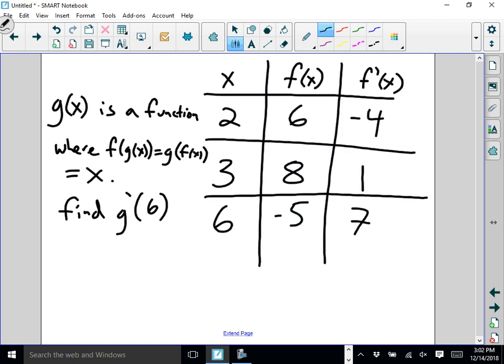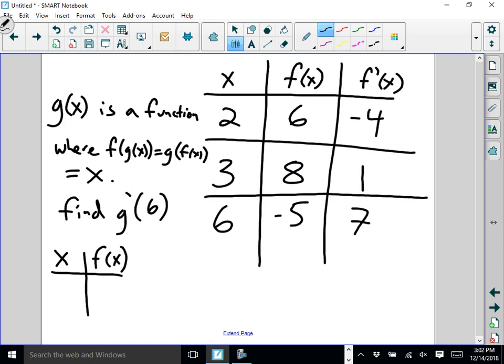We want to think about how f and g relate, right? So we want to figure out the corresponding part with f. Okay? So here's what we know. Okay. So we know 3 different points on f.